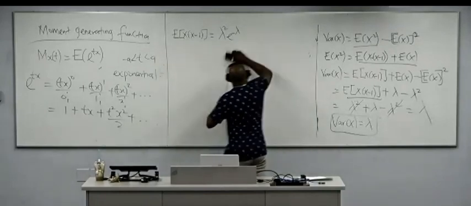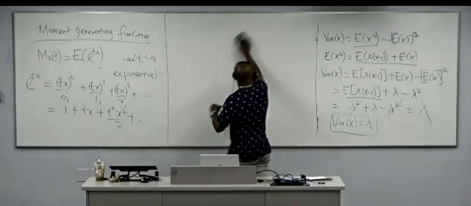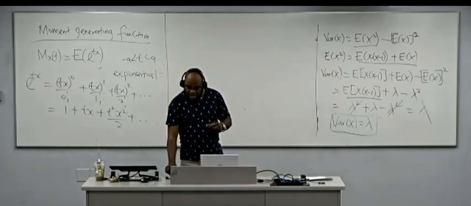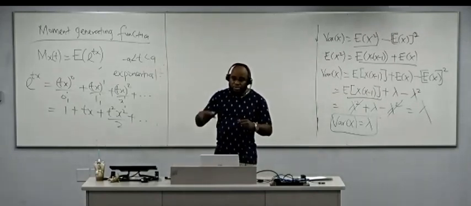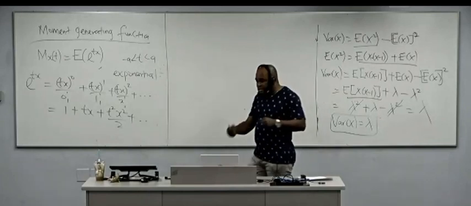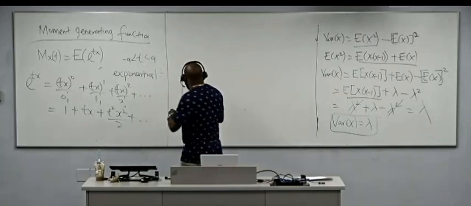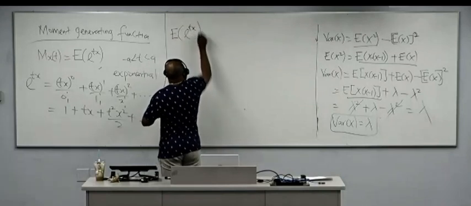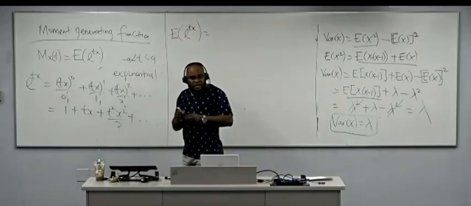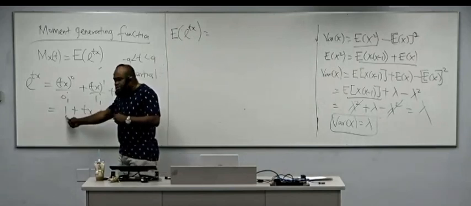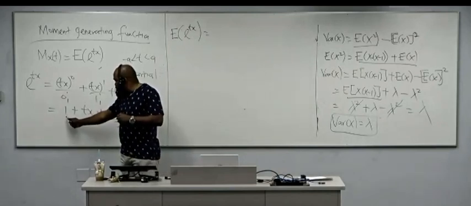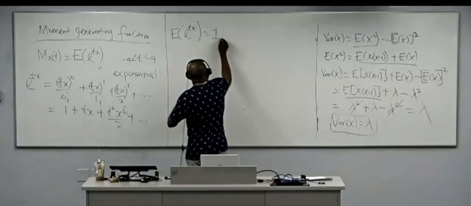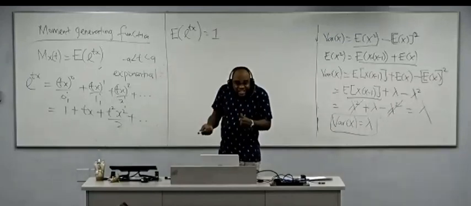Like I said, before you come to this class, you actually have prerequisites. If I were you, why can't you revise the prerequisite knowledge? Now, if I take the expectation of all of this, I told you that the expectation of a constant is a constant.